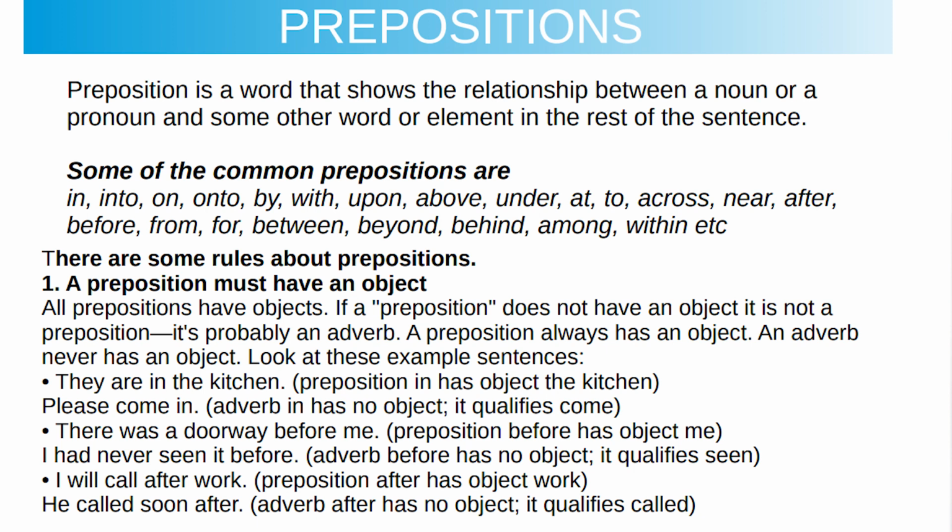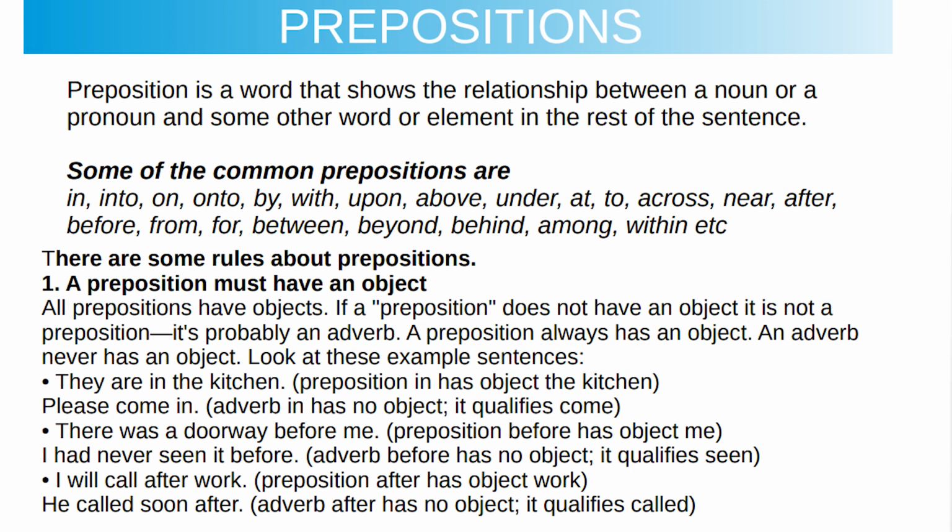Another example: there was a doorway before me. Here the preposition before has an object, me. Me is the object. Another example: I had never seen it before. Here before is not a preposition. Why? Because it has no object. It qualifies seen.